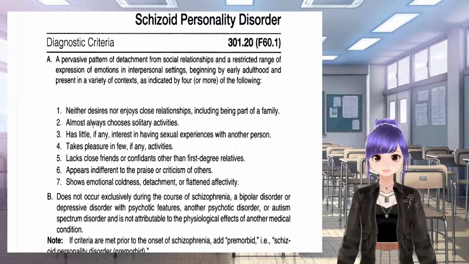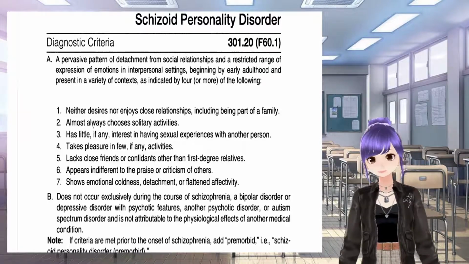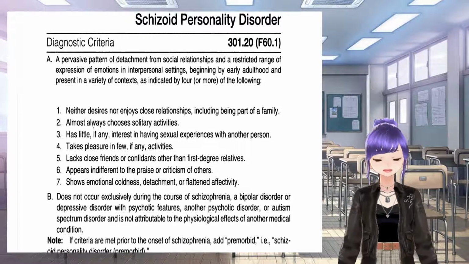And of course, we have our exclusion clause for schizophrenia, bipolar or depression with psychotic features, another psychotic disorder, autism spectrum, and physiological effects of another medical condition. And of course, we put there the personality disorder premorbid if it is prior to the onset of schizophrenia.